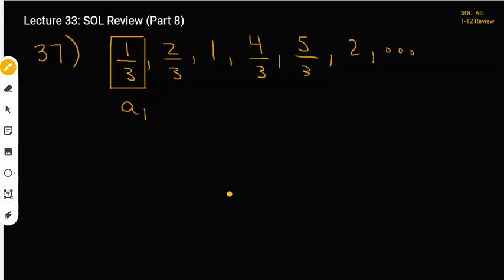And then I'm going to figure out what D is. D is going to be the number that I have to add each time to get to each new number.